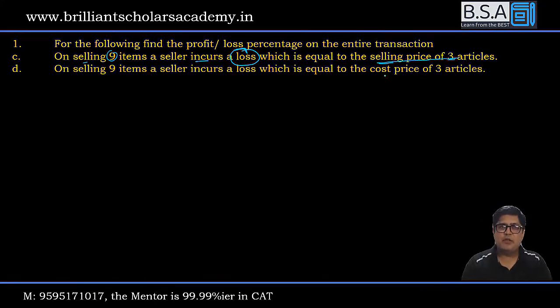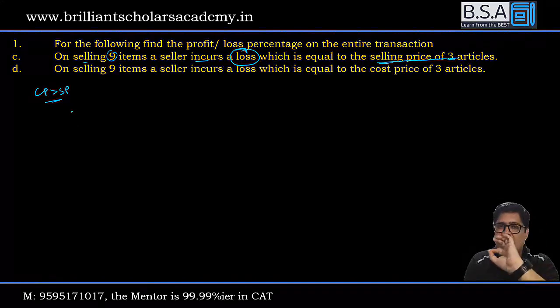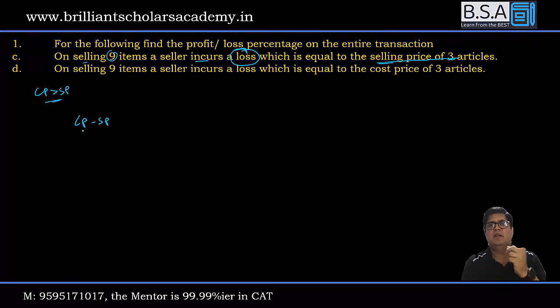When is the condition of loss? When cost price is more than selling price. That is the condition of loss. CP is cost of one product and SP is the selling price of one product. So can I say on buying and selling one product, I will have this much loss. This bracket is the loss on buying and selling one product.